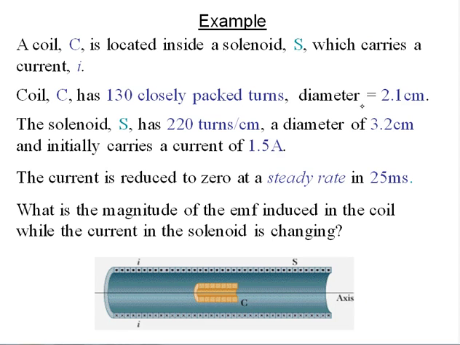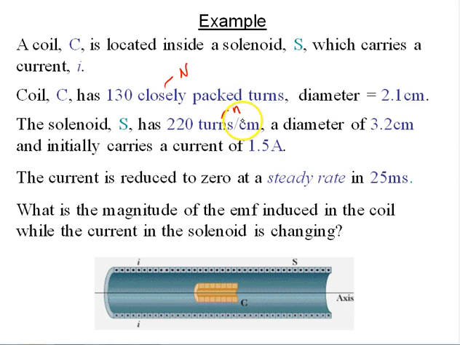So let's look at another example. Here we have a coil that's located inside of a solenoid. This coil has fewer turns. It only has 130 turns, where our solenoid has 220 turns per centimeter. So 130 turns, that would be number of turns, we've used capital N. 220 turns per centimeter, that would be our lowercase n.